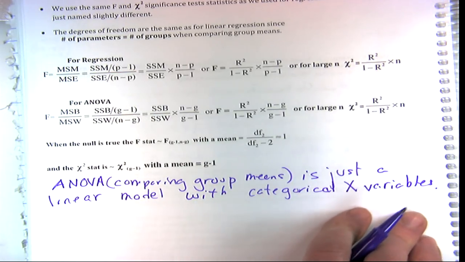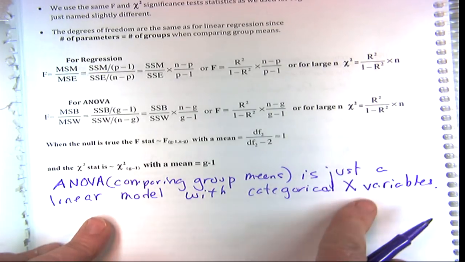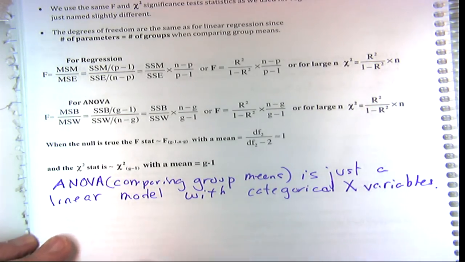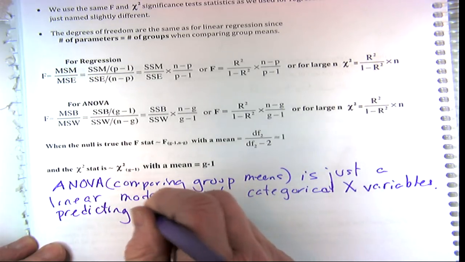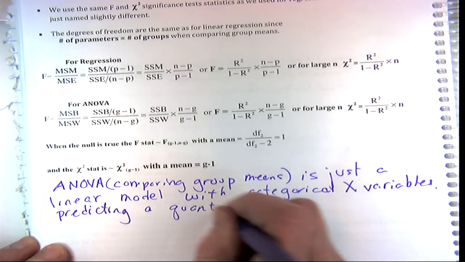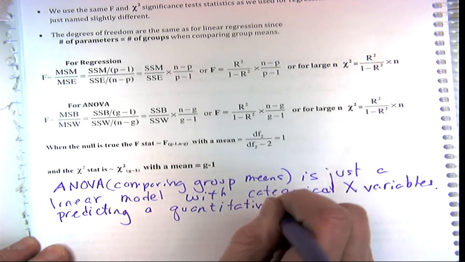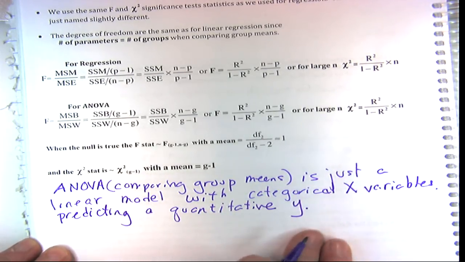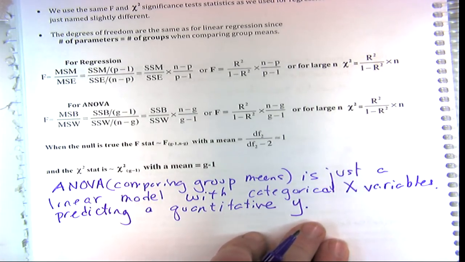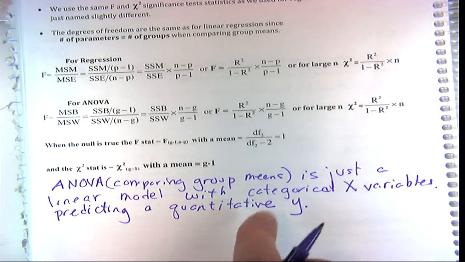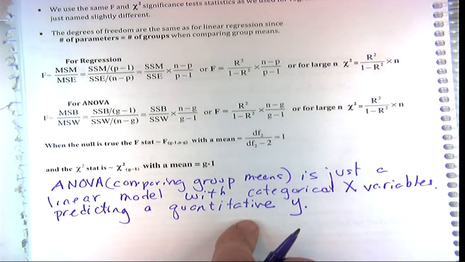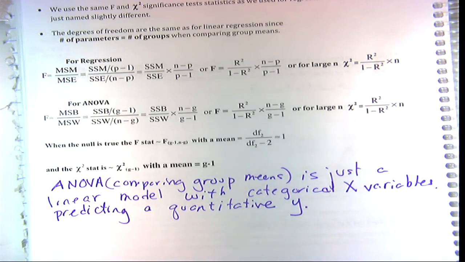They're categories, predicting a quantitative Y. We've actually done that before. A binary variable is a categorical variable, and we've already done that. But this is when you only have a categorical variable, and we're just going to look at the single case where we have one categorical variable broken up into multiple groups.